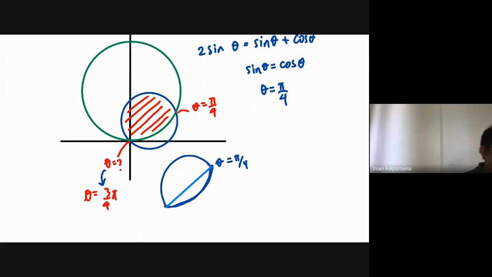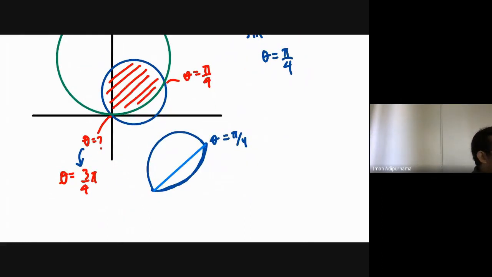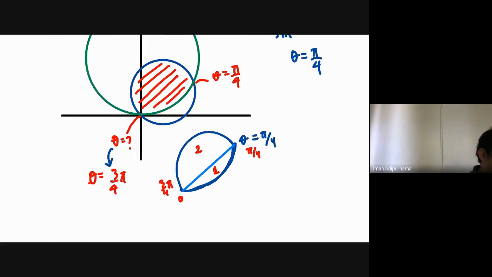Now first, we will have two areas. Okay, two areas. So let's check. This is 1. This is 2. So first, we need to check the area 1 from 0 to pi over 4. And then the second one from pi over 4 to 3 over 4 pi.